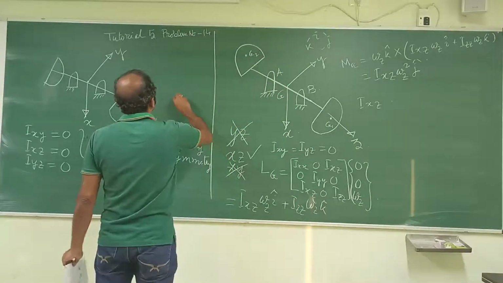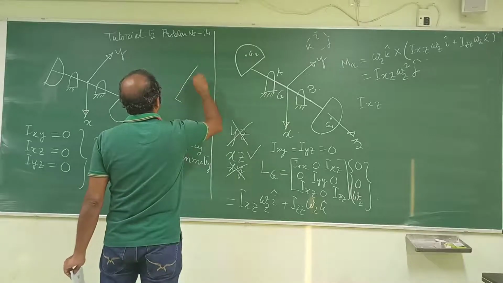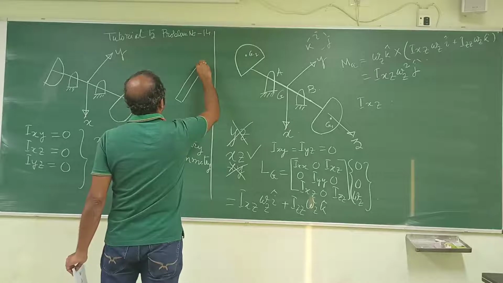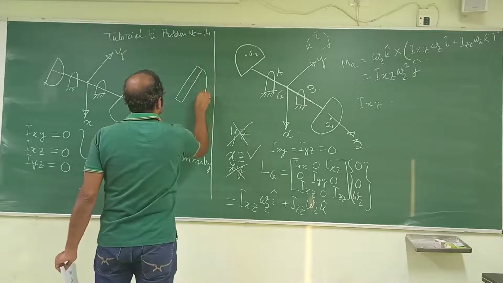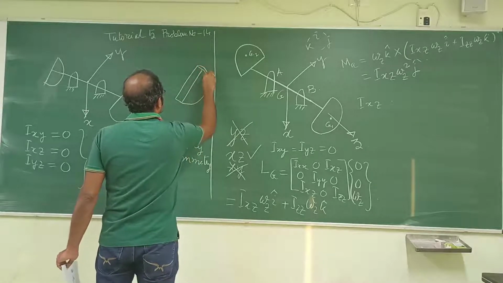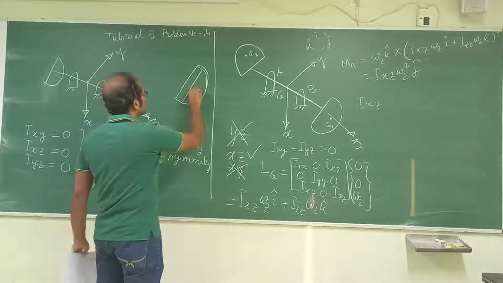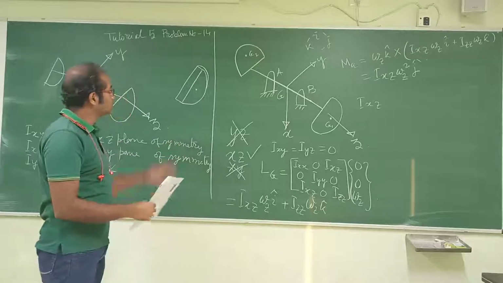Now let me explain this way. For example, let me draw it, then it will be quite clear to you. So let's say this is the shape you are going to expect. Look over here, the G point is at the middle of it.